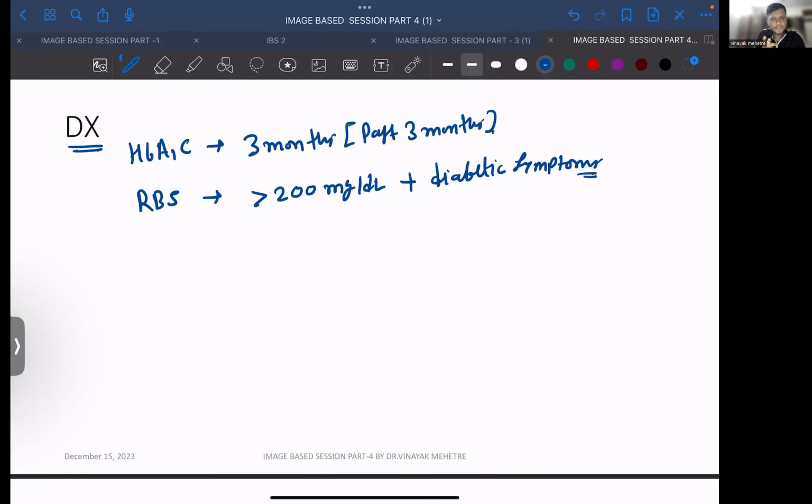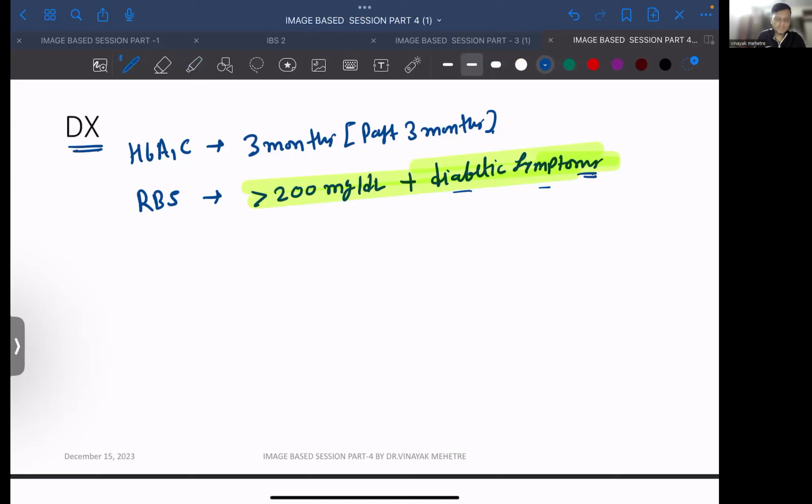So if 200 के ऊपर है plus there are diabetic symptoms, we will consider this patient as a diabetic patient. Okay, if you are drinking tea also, sugar level goes high, but you will not have diabetic symptoms, right? So if diabetic symptoms are there plus glucose level more than 200, it is diabetes. Okay, so question में यही आएगा, HbA1c नहीं लिखते most of the time, right?